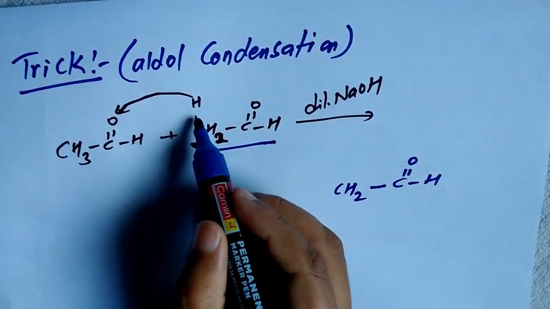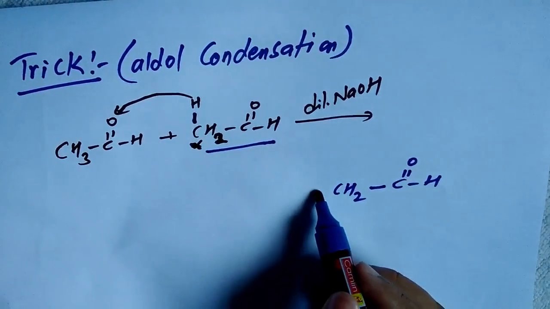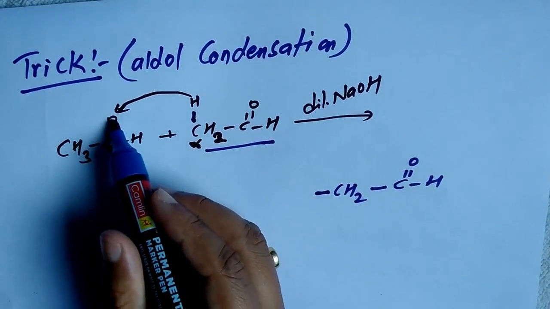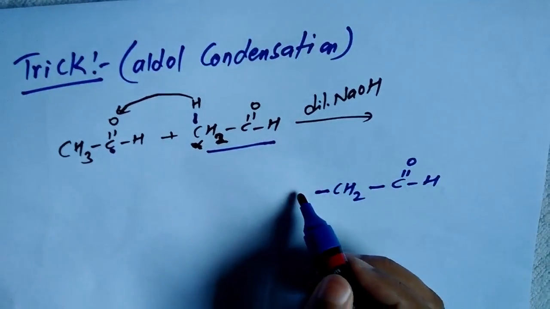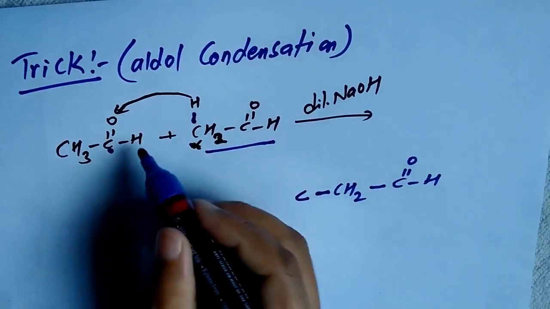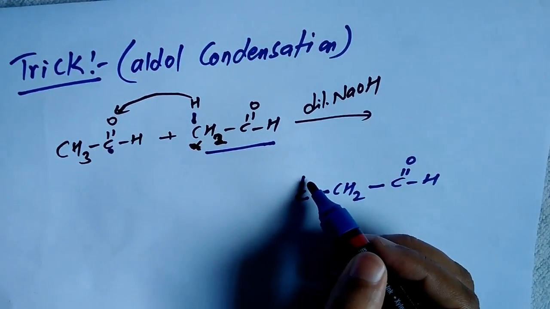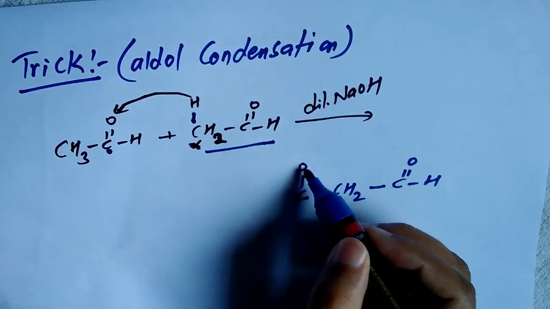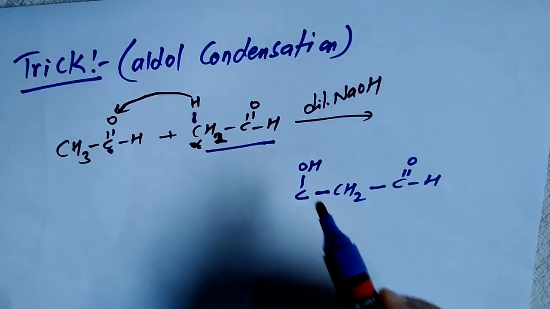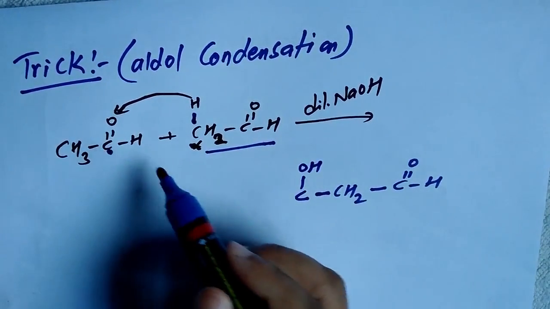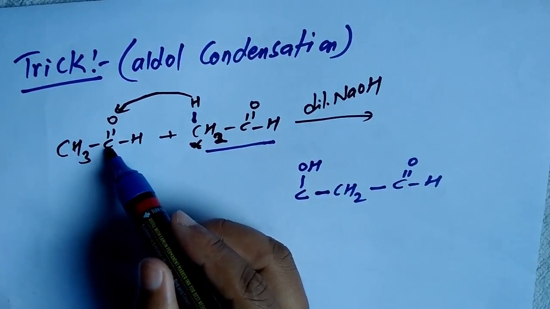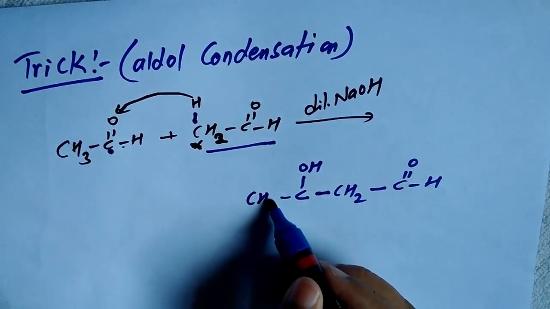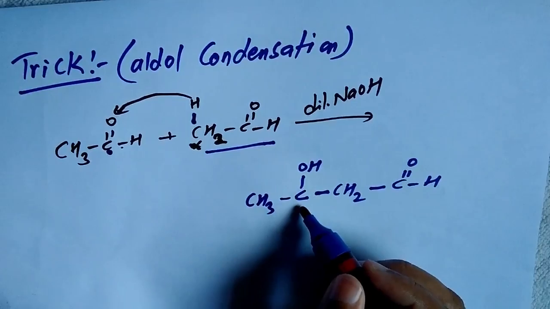After that, put a bond here, and this bond should be bonded with the carbon which contains oxygen. We can't write double bond O on this carbon because hydrogen is already bonded with this oxygen, forming OH. Then write down the remaining part for this carbon: here is one CH3 group, and here is one hydrogen.